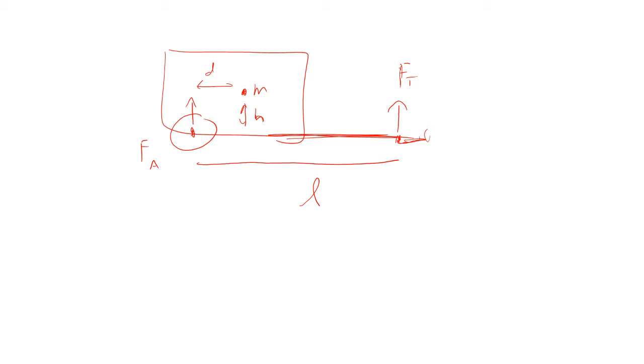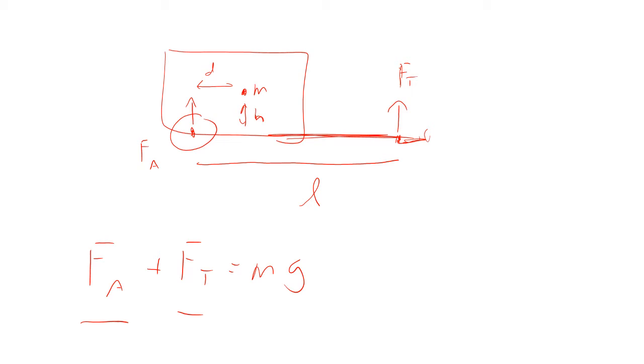As you look at this, you say, well, okay, we know that FA plus FT equals mg. So you know that the weight of the trailer and its load is distributed among both the axle and the trailer hitch. You look at this and say, well, this is kind of like a lever.